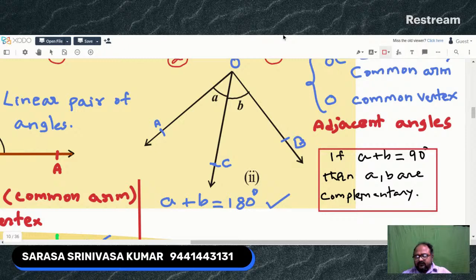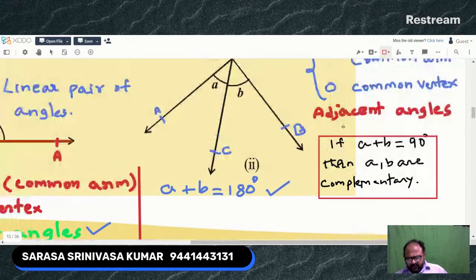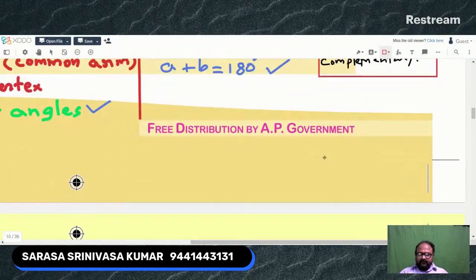After checking, if the sum is 90 degrees, then you can conclude that the two angles are complementary angles.